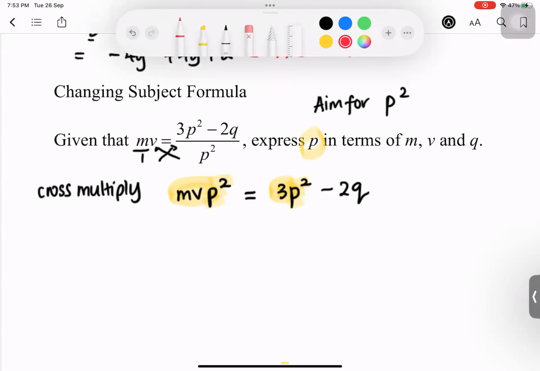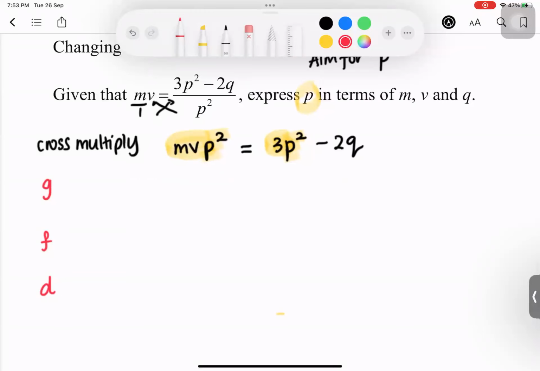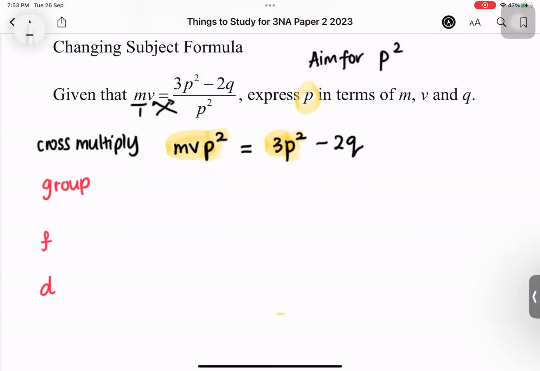So I'll do my next favorite, GFD. Anyone can remember what is G? The girlfriend. Yes, correct. Group them together. Group what? Group the terms that have p squared. We are aiming for p squared, not aiming for p already. So group all the terms with p squared first.